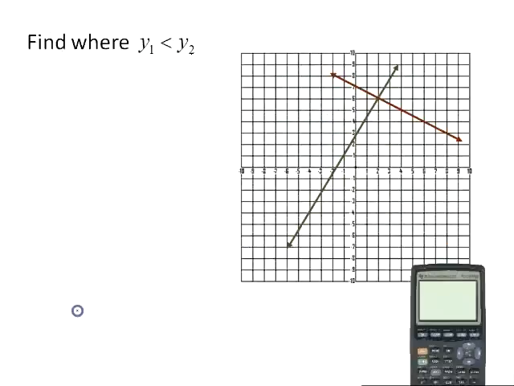Now this is a graphic inequality where we have the graph of 2 lines. Let's say my green line is my y1. So that's this graph right here.